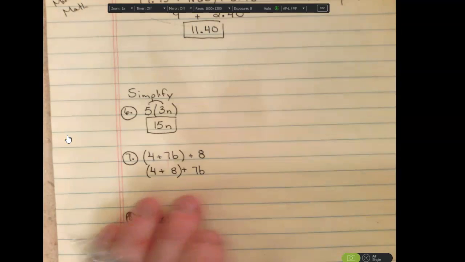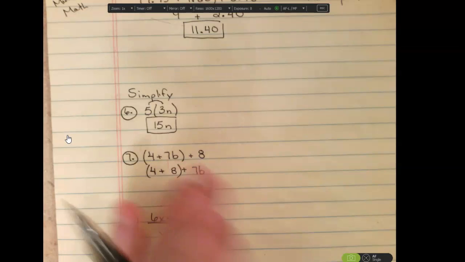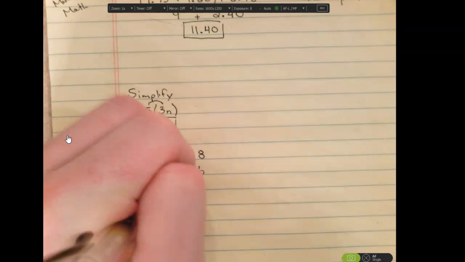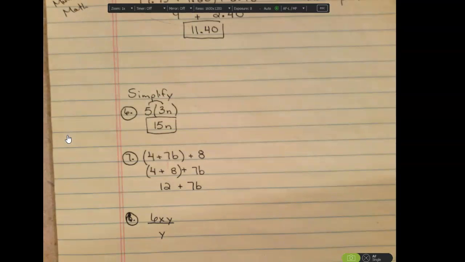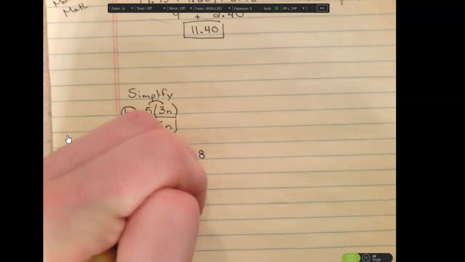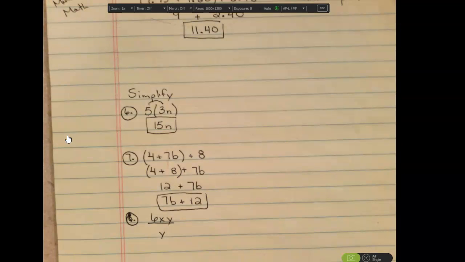I just want you to be familiar with them so you know that you can switch this order around to get this into something that you know how to solve. So 4 plus 8, I can solve that. That gives me 12. 12 plus 7b. And that would be your final answer. Now, just nitpicking this one a little bit, you actually would write your variable first. So it would be 7b plus 12. However, I would take either one of these answers.